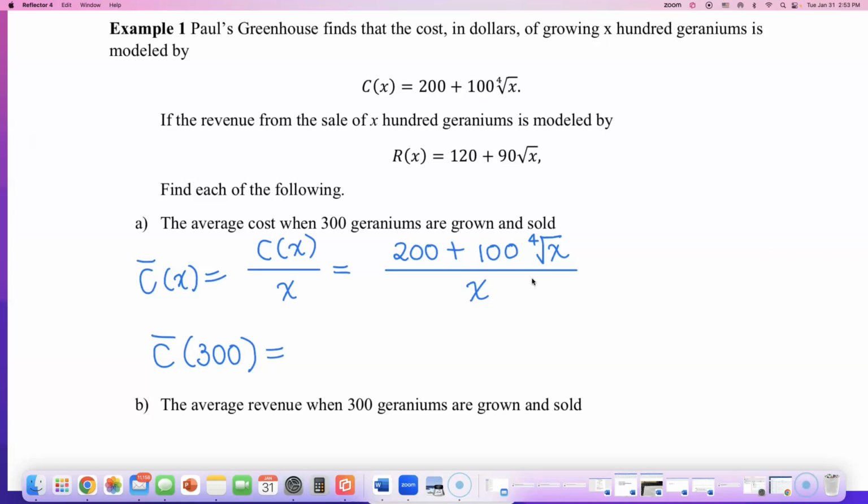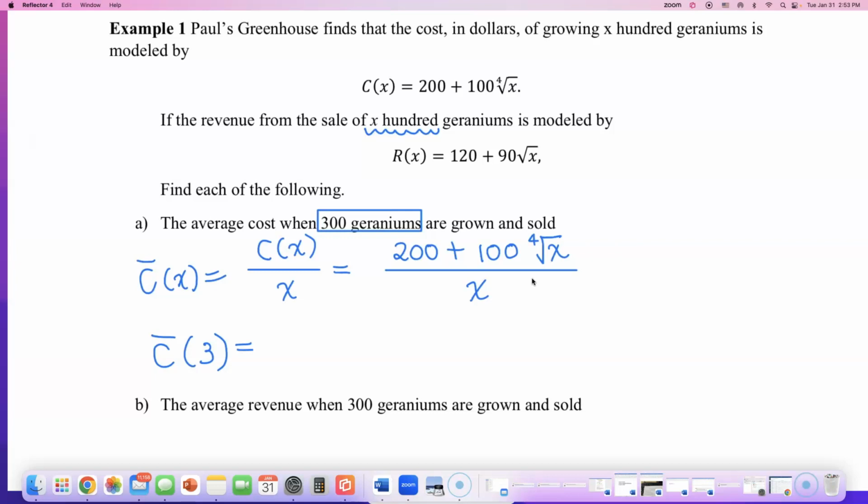But hold on, I think we have to be careful over here, because they gave me 300 geraniums, right? But X units are in X hundred. So instead of plugging in 300, I'm going to plug in X equals 3, because we have 300 geraniums and the X unit is hundreds.